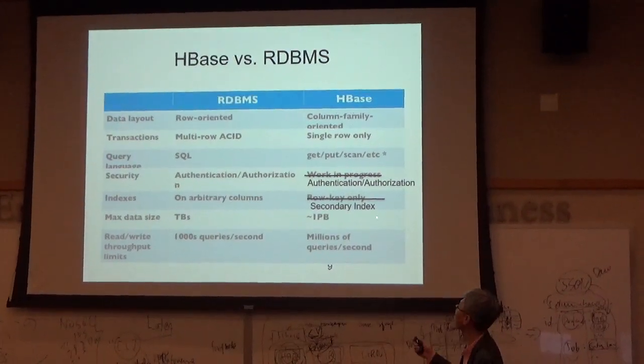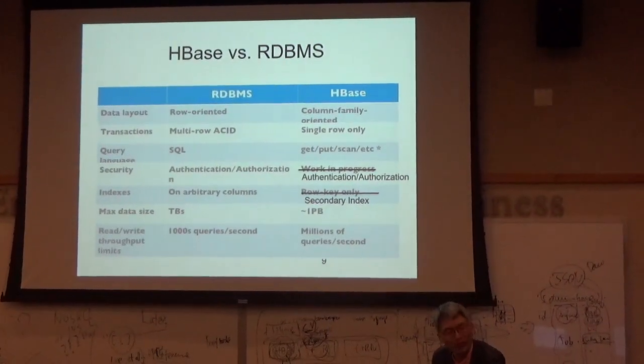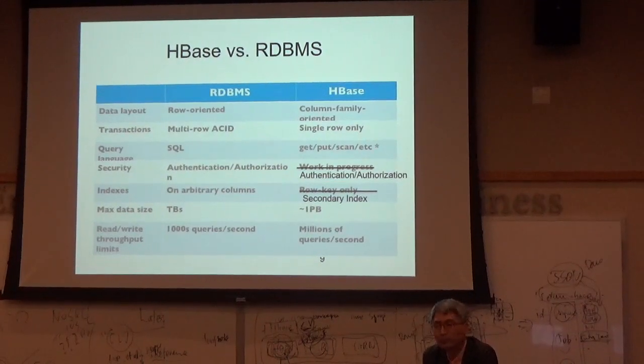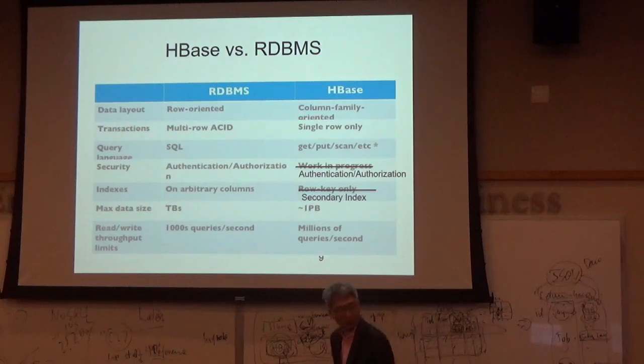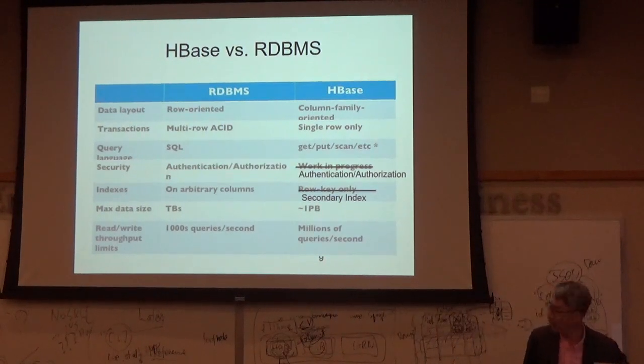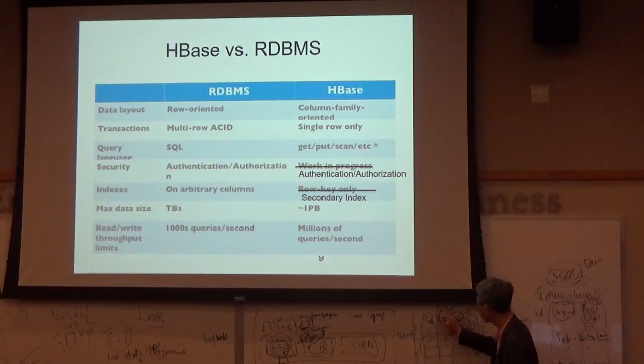But nowadays they provide a secondary index. What is a secondary index? A non-primary index. The primary index is for the primary key. A secondary index is for a non-primary key column, like the name. Names can be in a different order.